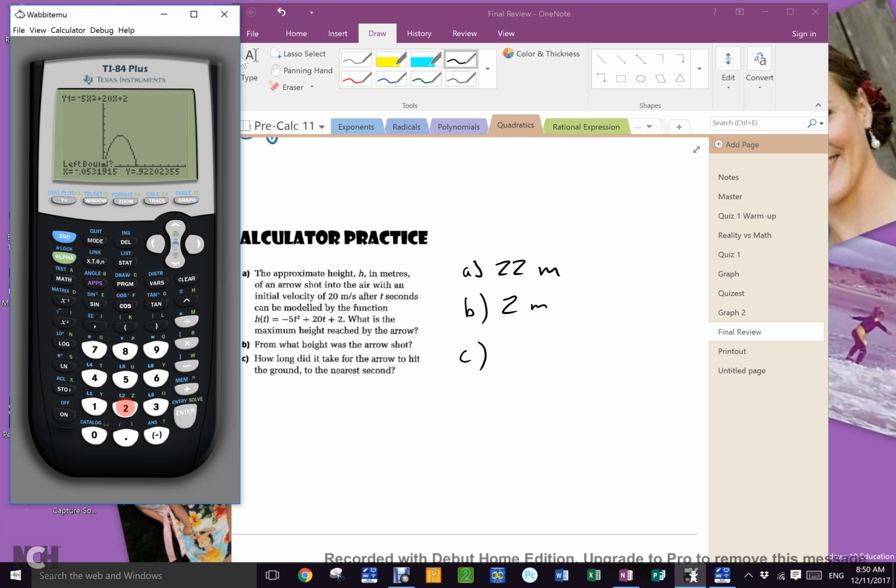Because it's the x-intercept, right? So, same way I find the maximum. I bring my cursor over. Oops, I hit it too many times. Still counting. Stop.